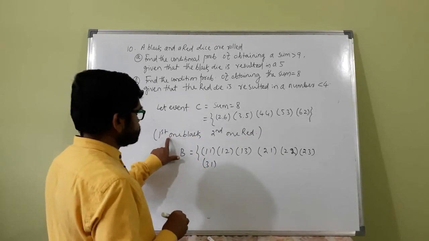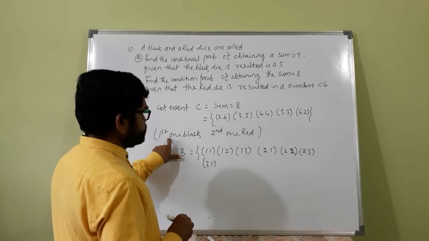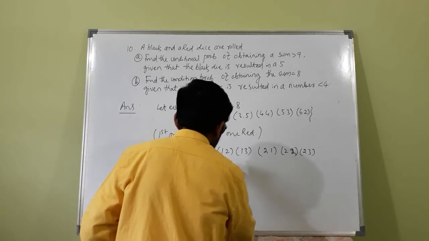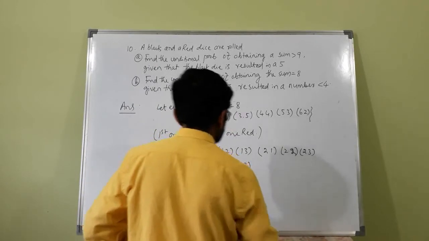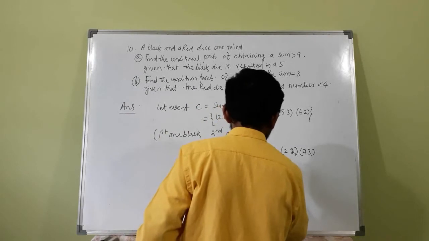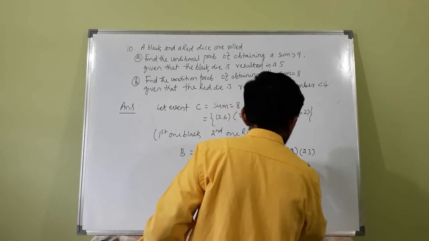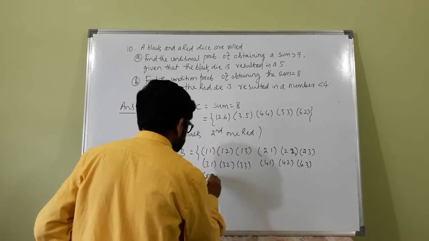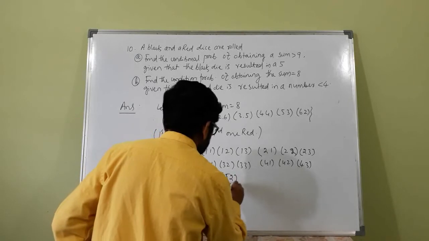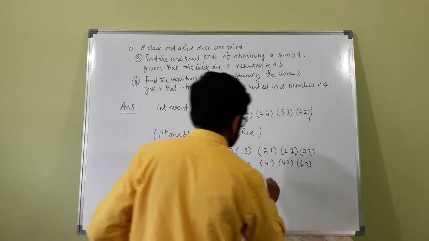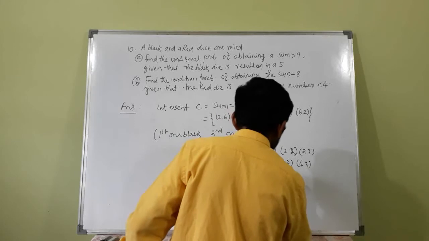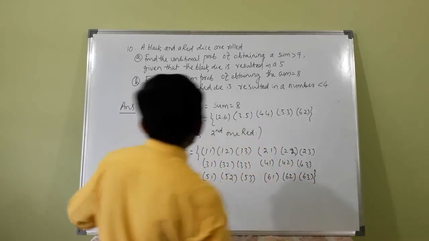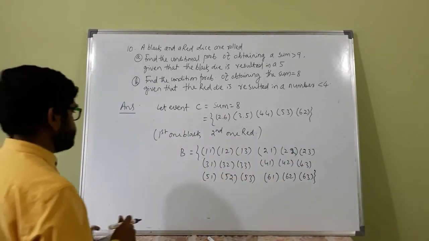All possible values for black, but for red only up to 3. 3, 2, 3, 3, 4, 1, 4, 2, 4, 3, 5, 1, 5, 2, 5, 3, 6, 1, 6, 2 and 6, 3. Okay, this is event D.